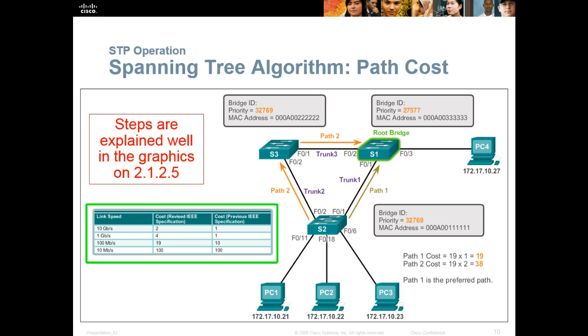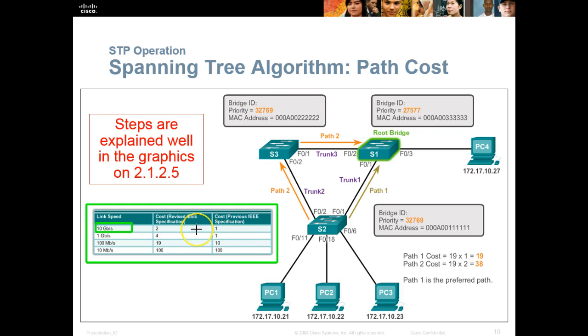So a 1 gigabit port has a new cost, the revised IEEE cost of 4, and a path cost of 10 gigabits would be 2, 100 megabits would be 19, and I think that top one should be 10 megabits, has a cost of 2, because that's not very much.